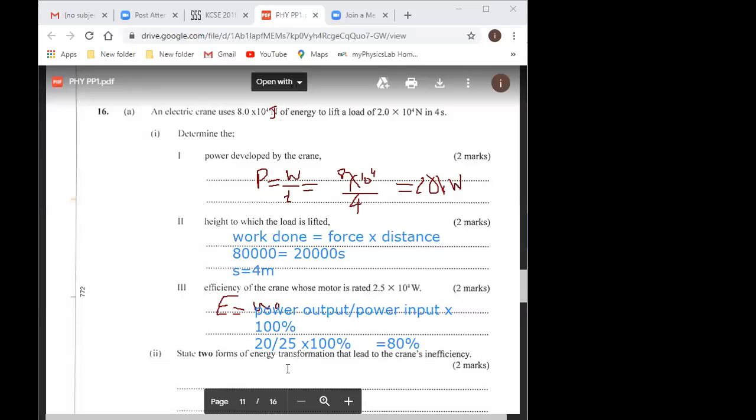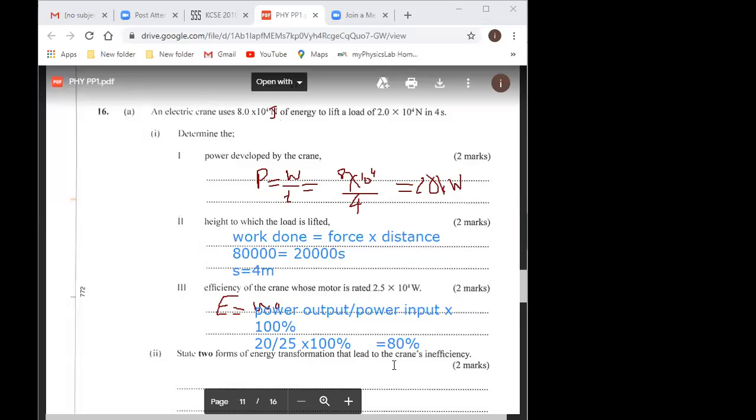State two forms of energy transformation that lead to the crane's inefficiency. Some of the energy is wasted in which form? Friction, yes.